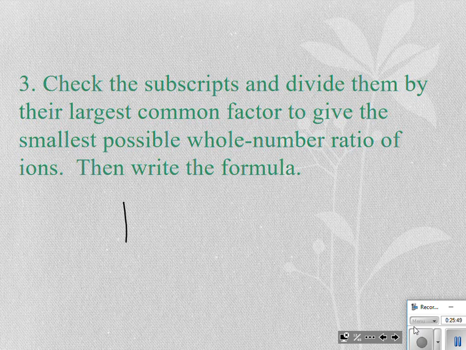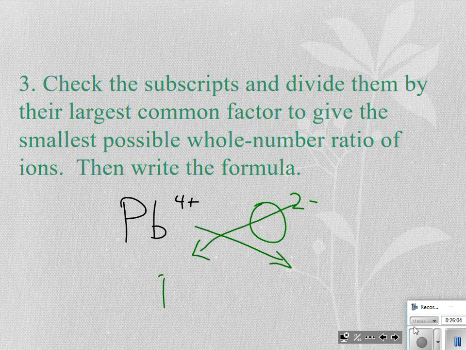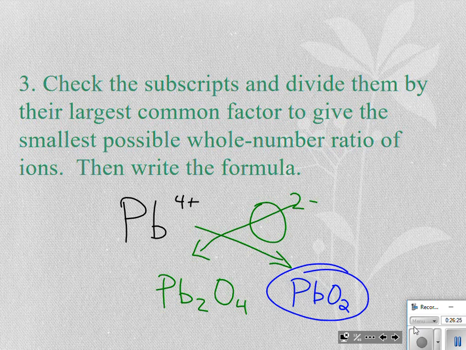Let's say that I have lead. Lead can take a 4+ charge. Oxygen, we said, is a 2-. If I use the crossover method for this, I'm going to get Pb2O4, aren't I? Is that the simplest whole number ratio? No, this is not correct, because PbO2 is the correct answer right there.